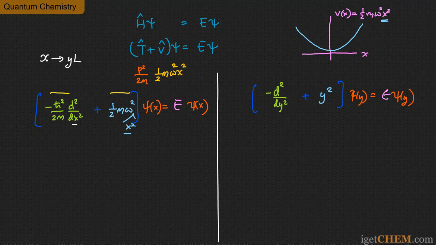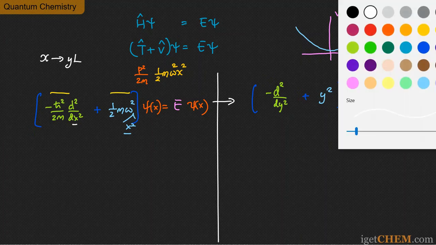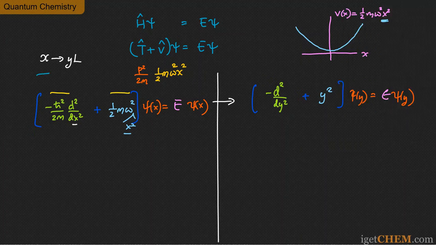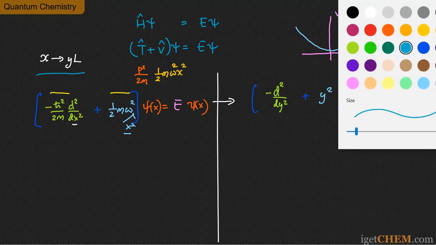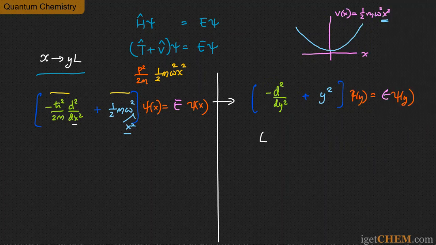And if you choose that length scale appropriately, then the original Schrodinger equation will become the one on the right, where the correspondence is, in addition to this transformation of coordinate, the proper choice of L is such that L squared is equal to h bar over m omega.